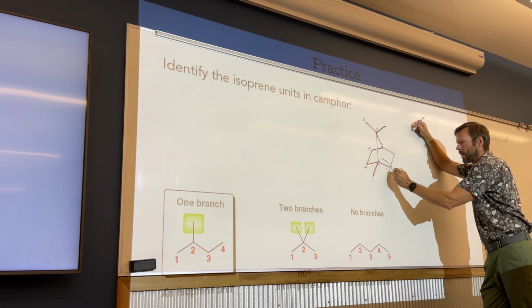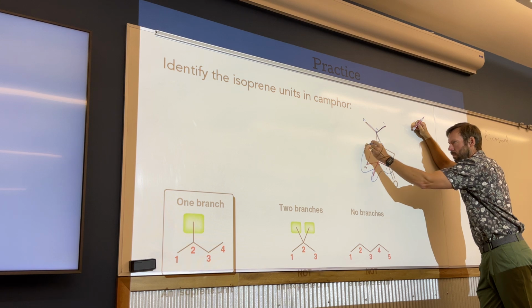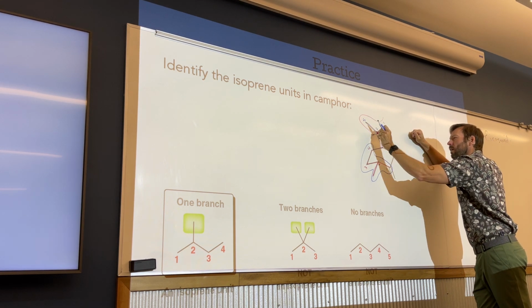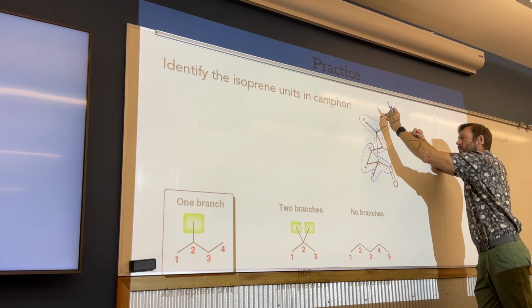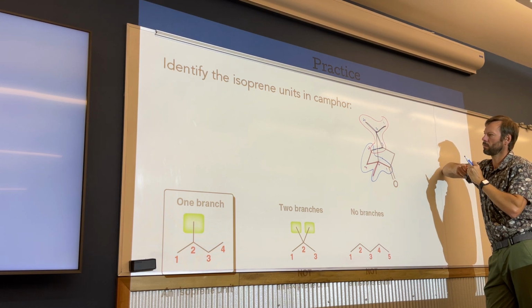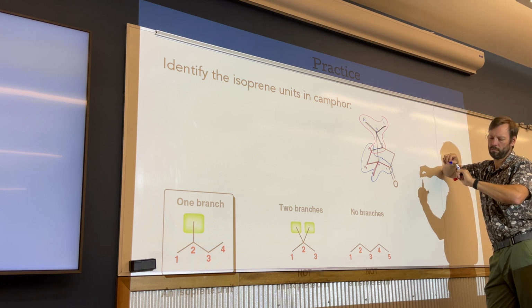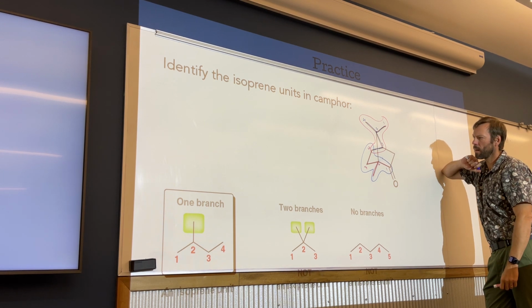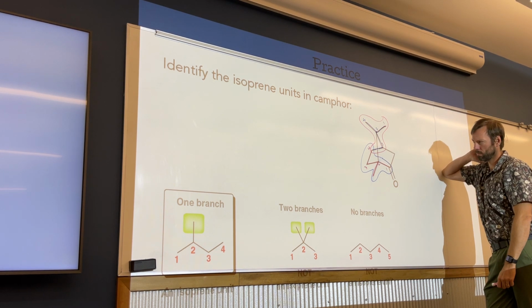So we could say there's one, and there's one. And you could also move that over here. The important part is that the branch comes off the second one.